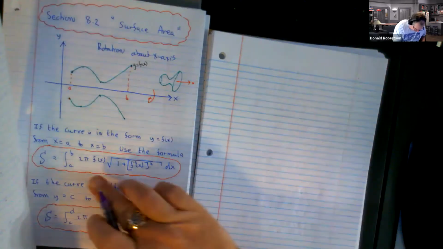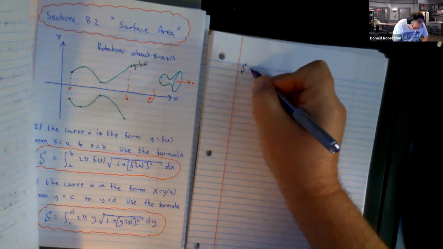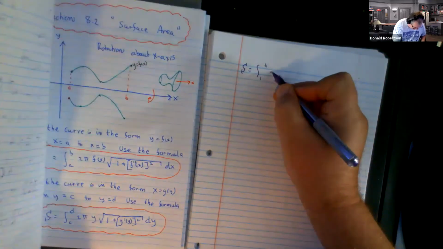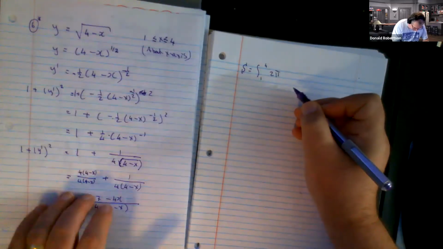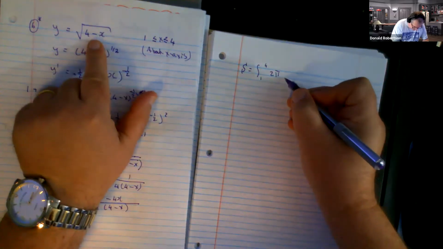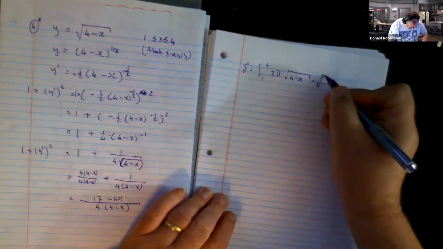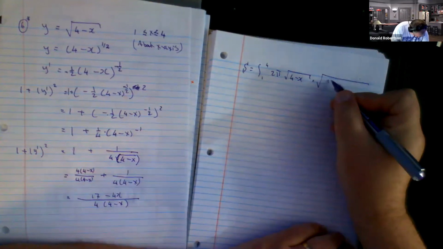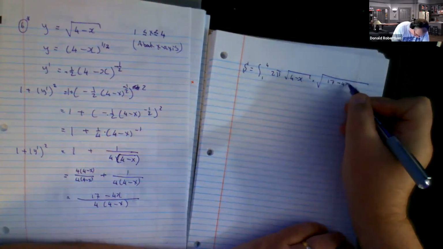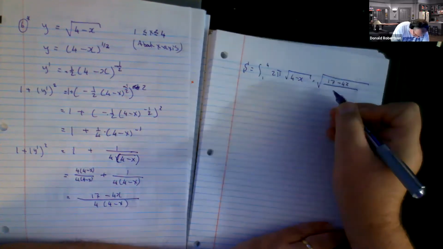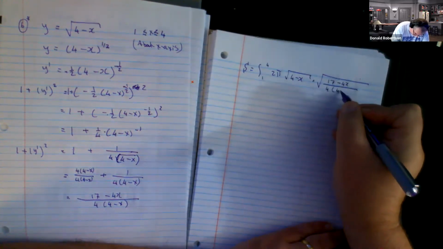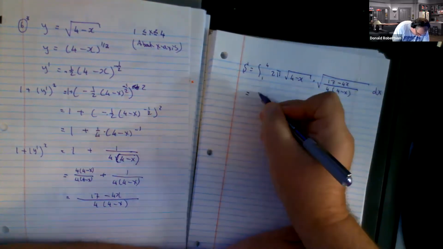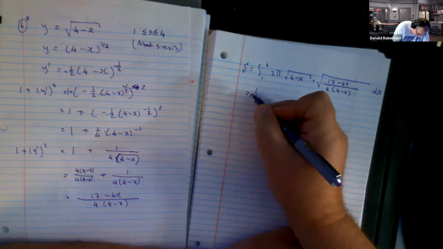So the arc length, S, is going to be the integral from 1 to 4, 2 pi f of x, which is this guy, times the square root of what we just found. Really ugly looking, but it's going to become much nicer.